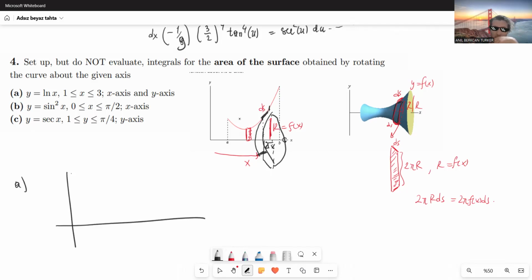We have the graph ln x, so it's like this. Consider this region, okay? I am rotating this curve, actually this piece of the curve, around the x-axis first.